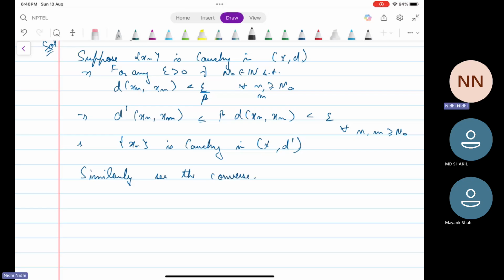So for strong equivalence, Cauchy as well as convergence are both the same. For mere equivalence, we have seen that convergent sequences are the same, but the problem occurs for the case of Cauchy sequences. That means if two metrics are merely equivalent, the Cauchy sequences need not be the same.